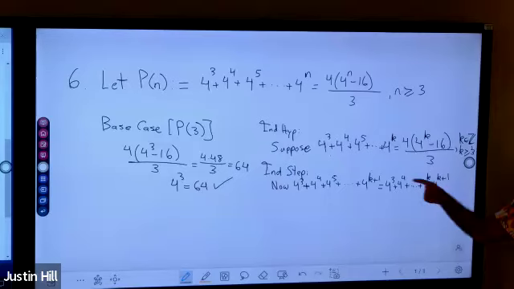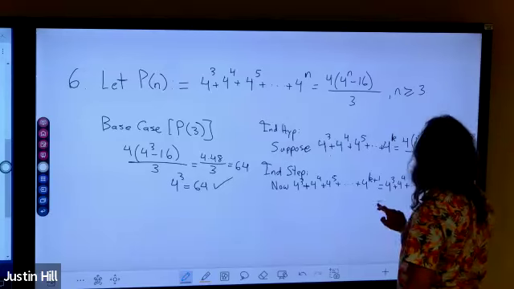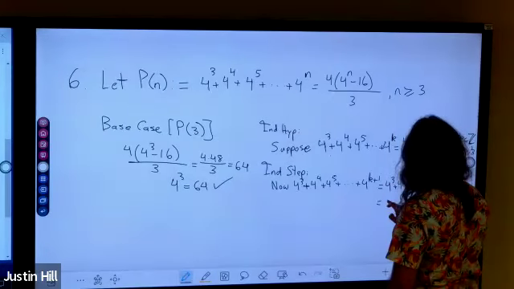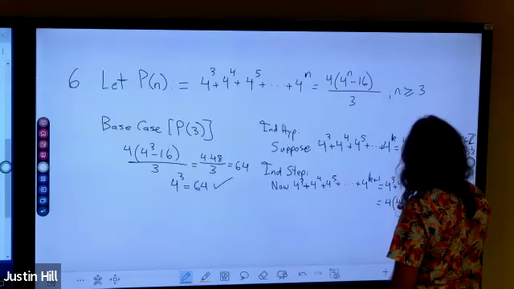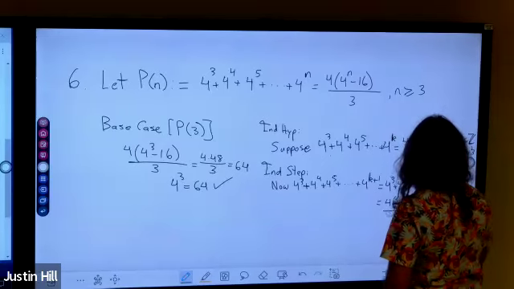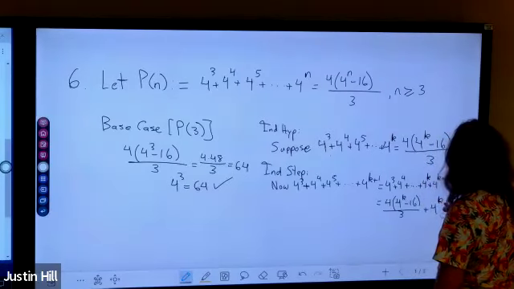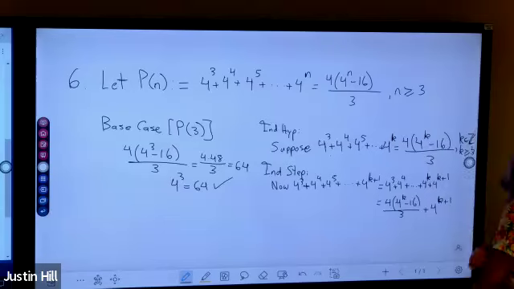But this part, the 4 cubed up to the 4 to the k, we already know equals this. So I'm going to use some substitution and replace this. So we're going to have 4 times 4 to the k minus 16, over 3, plus now our new 4 to the k plus 1.